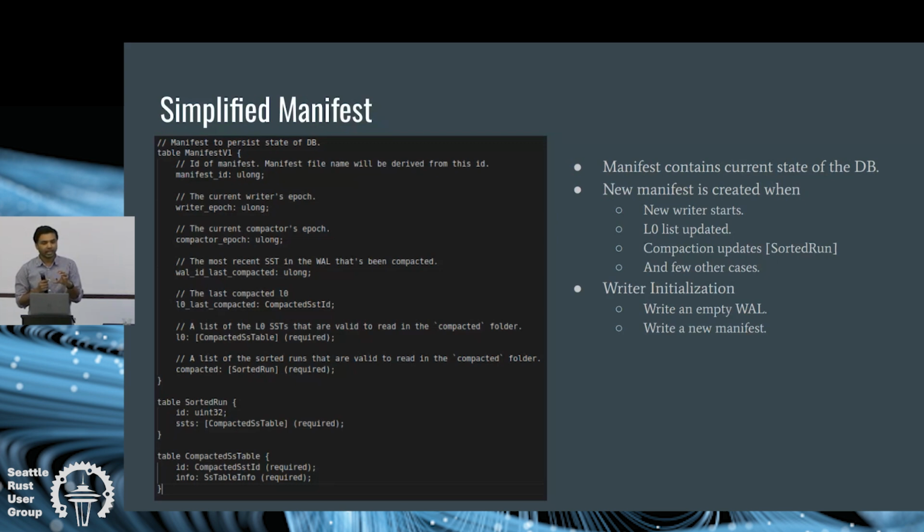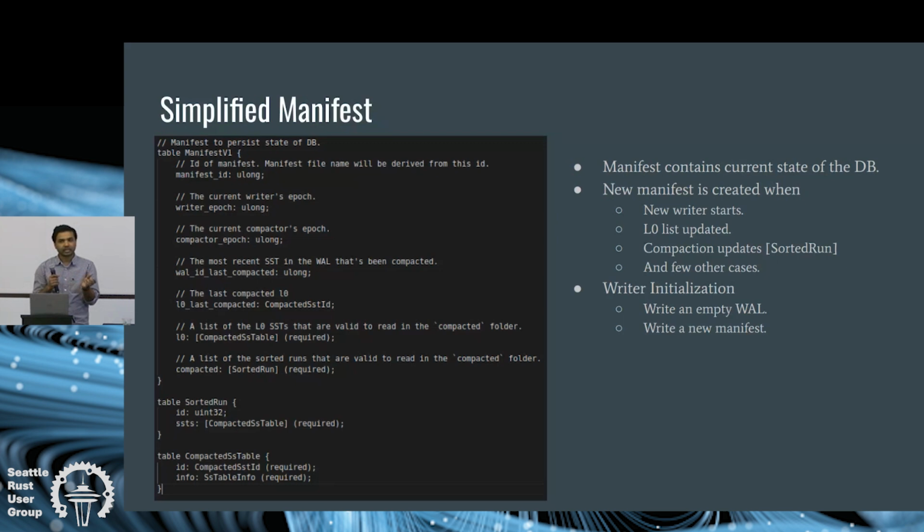Every time an update to the database happens, a new manifest is created. There are a couple of different kinds of updates that happen. When a new writer is created, the epoch will be incremented and a new manifest will be written. When an L0 file is added, then the array that you see here that has the list of L0 SSTs will be updated and a new manifest will be written.